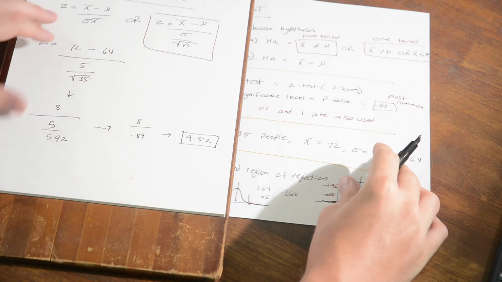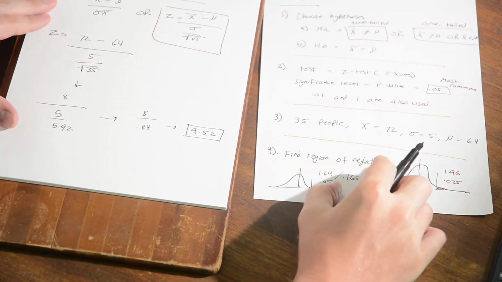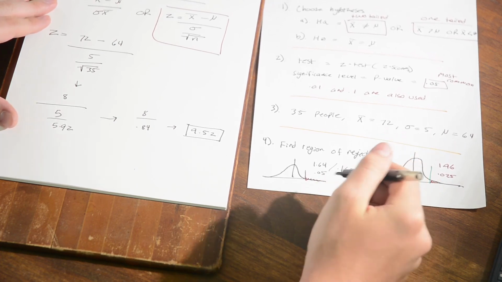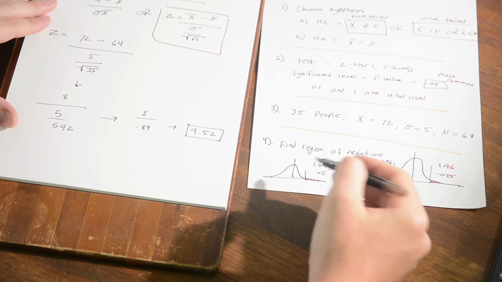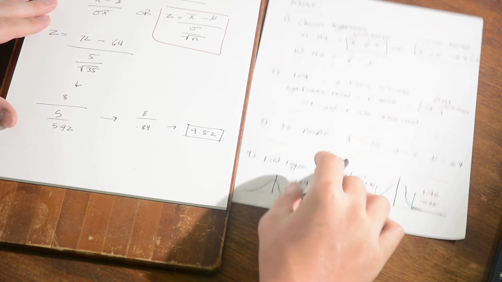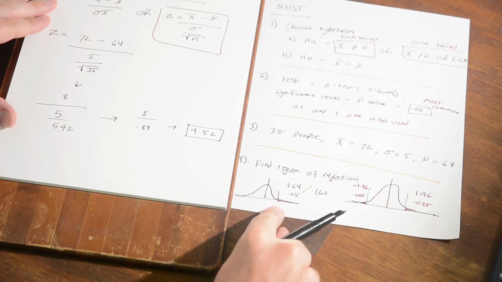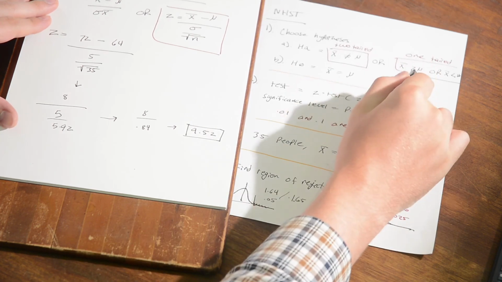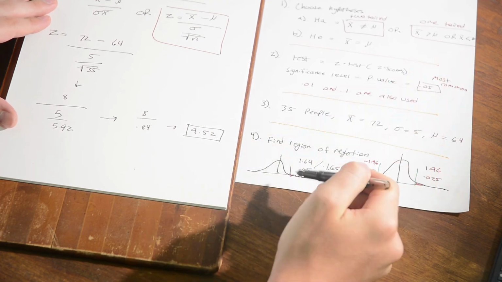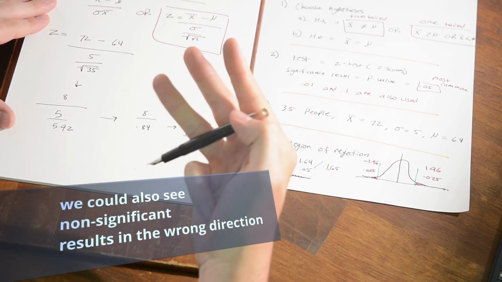Now, if we were doing this on a one-tailed test, it's almost identical. If this comes out in the direction we had predicted, it's the exact same thing. However, if we said that, like we showed here, x bar is greater than mu, and it turns out that x bar is less than mu, we have significance in the wrong direction, which is sometimes referred to as a type 3 error.